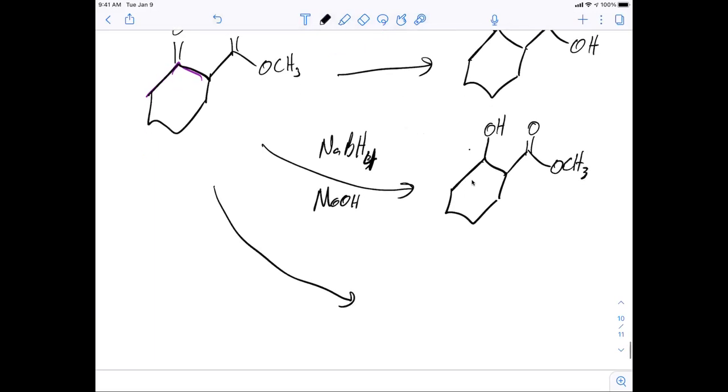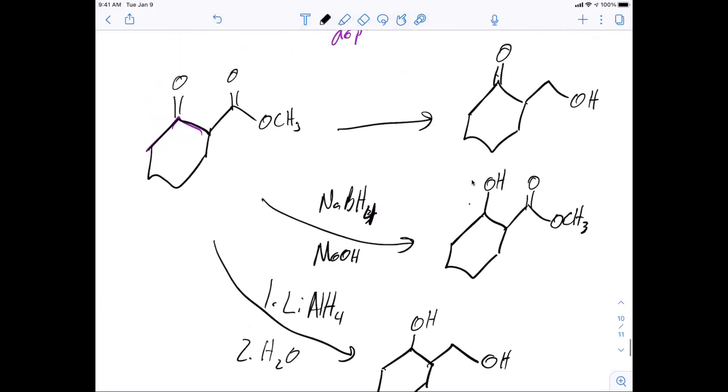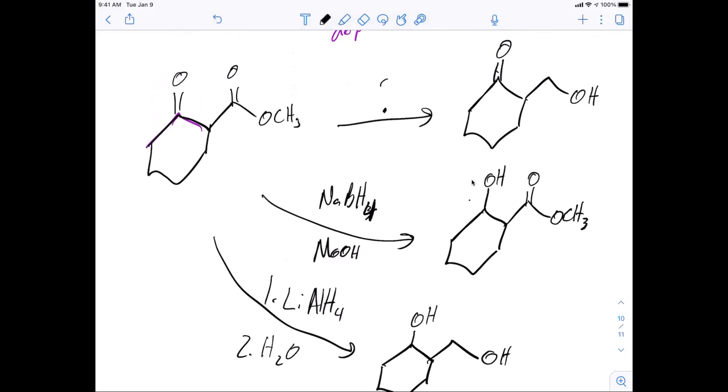If we use lithium aluminum hydride, now lithium aluminum hydride, we always have to use the water separate. Now what we end up with is that it is strong enough to reduce both. So we can't just use one of our hydride reducing agents to get this product.